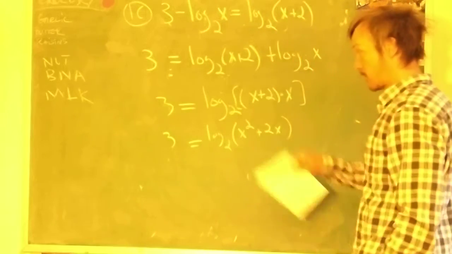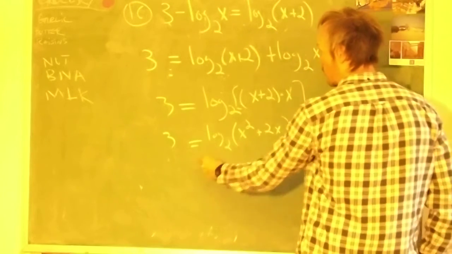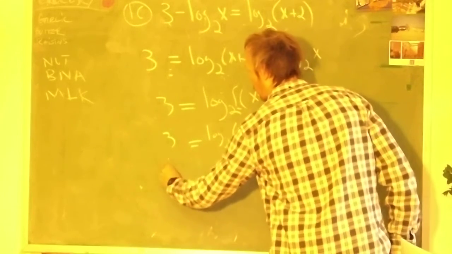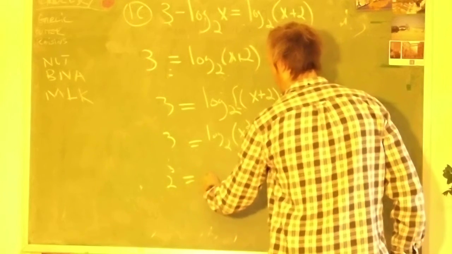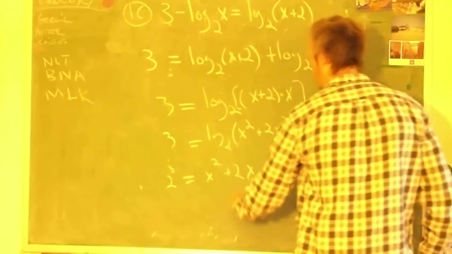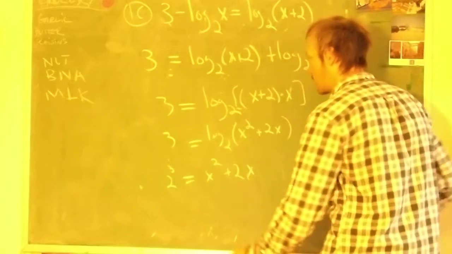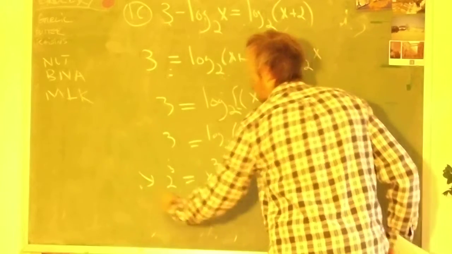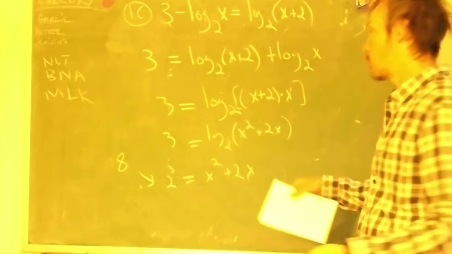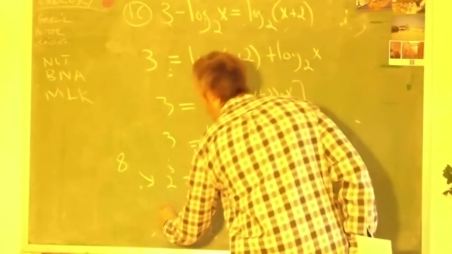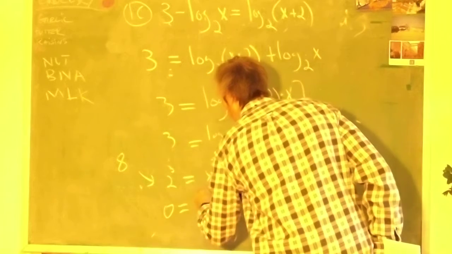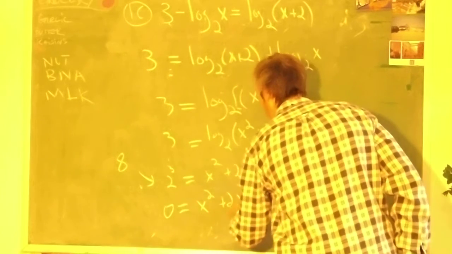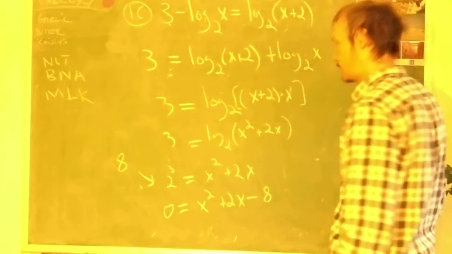And now I'll convert it to the exponent, so this is the same thing as 2 to the 3rd power equals x squared plus 2x, and that of course is 8, so this is 8, and so I'm going to rewrite this as a quadratic expression. So this is going to be 0 equals x squared plus 2x minus 8.